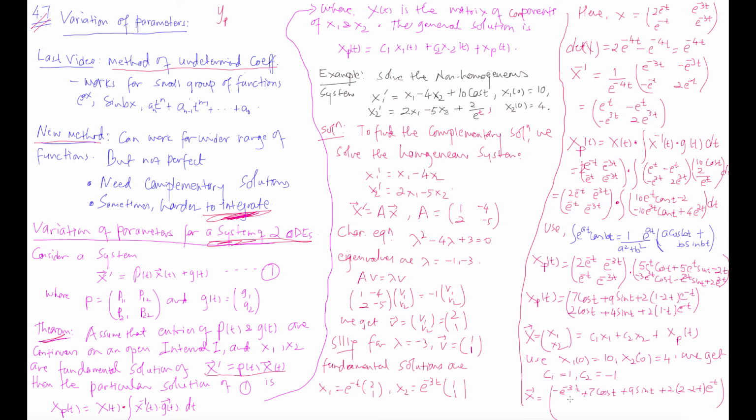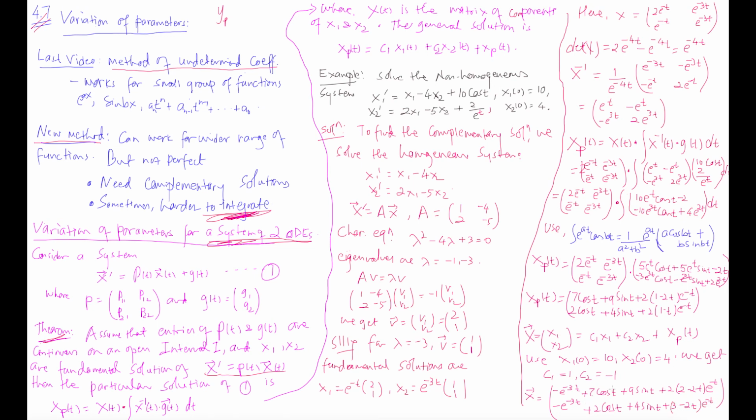And then negative e to the negative 3t, and then plus 2 cosine t, plus 4 sine t, and then plus 3 minus 2t, e to the negative t.